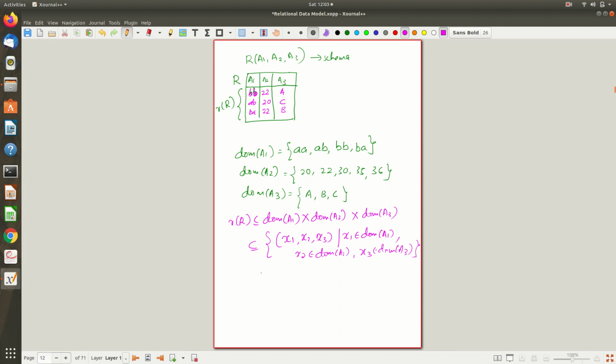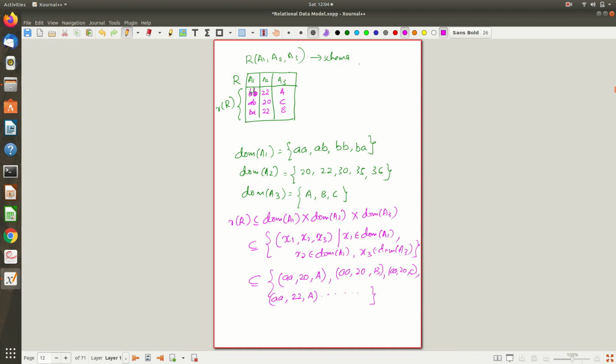Some instances, let me take one ordered triple: AA is the name of a person, let his age be 20, then let his grade be A. AA itself with 20, he can have a grade B. AA itself, age 20, he can have his grade C. Like that you can formally define this. Then you can think about this combination: AA itself, but age now changing to 22, with the grade A. So like that you can have many combinations here.